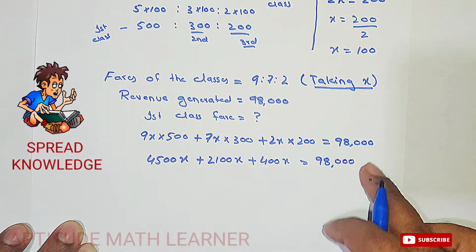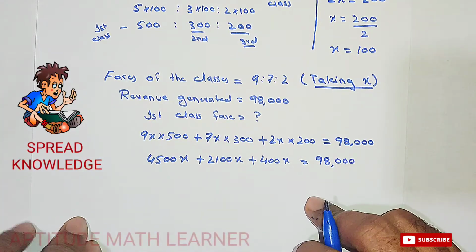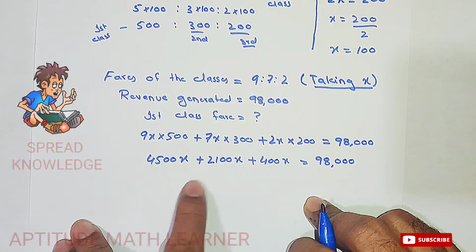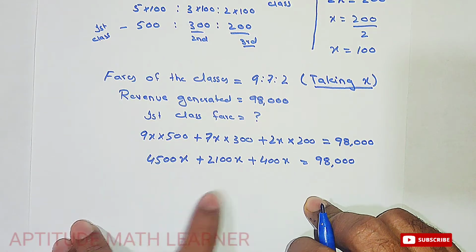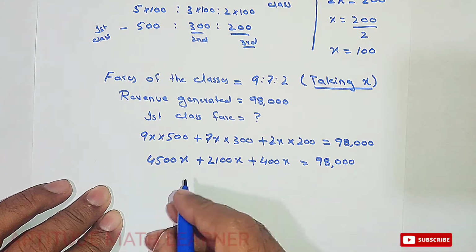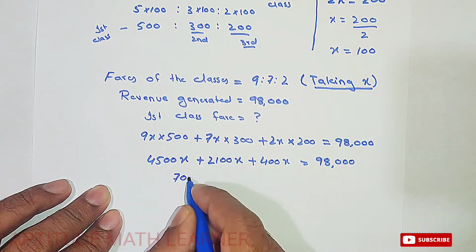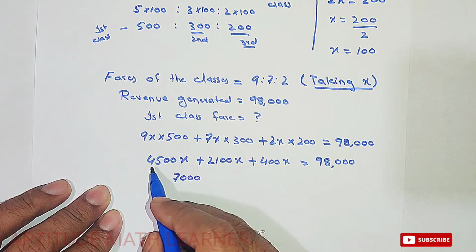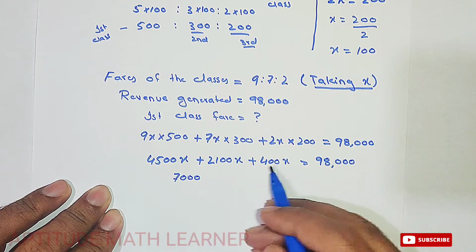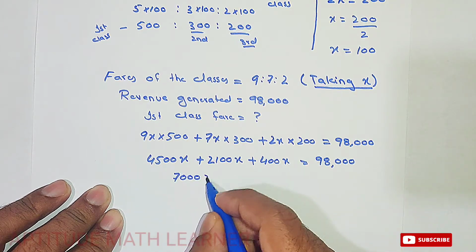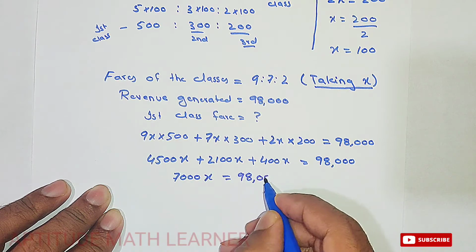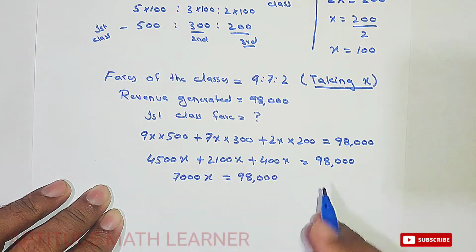These are the revenues for the classes. If we add all three, 4,500, 2,100 and 400, we get a total of 7,000x, equal to 98,000.